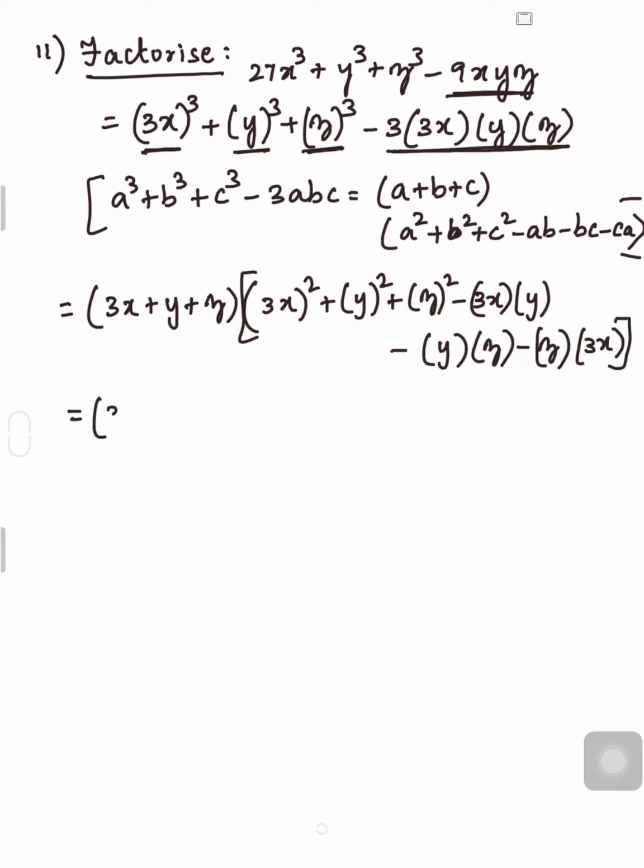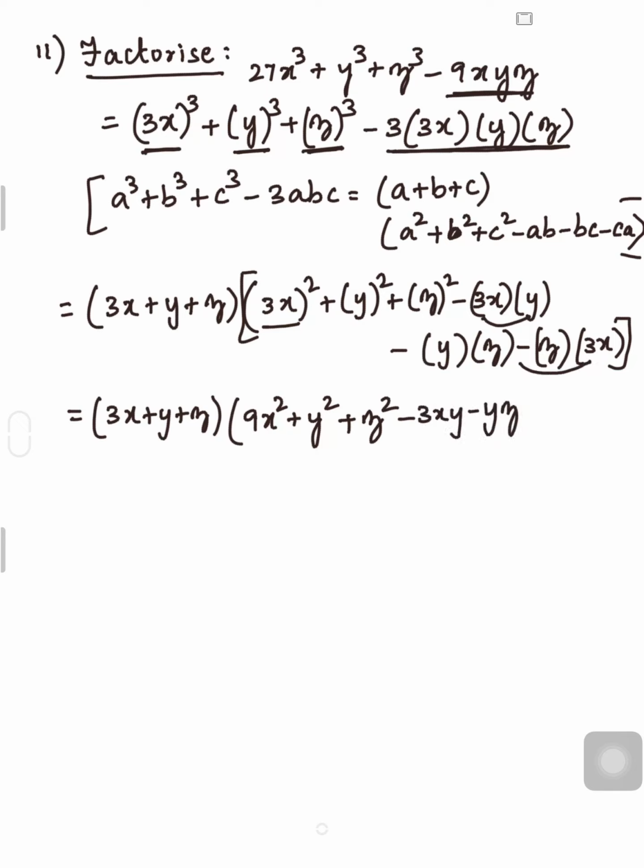So it is equal to (3x plus y plus z) into, what is (3x) whole square? 9x square, plus (y) whole square is y square, plus (z) whole square is z square, minus 3x into y, 3xy, minus yz, minus z into 3x is minus 3zx. So this is how you factorize the given question as a product of two factors.